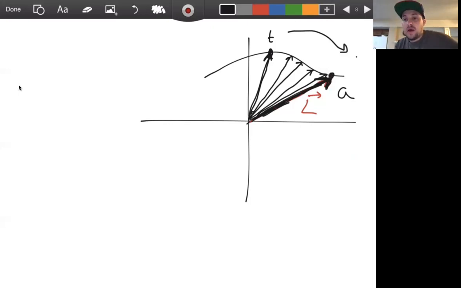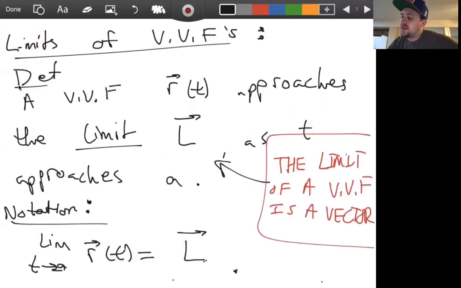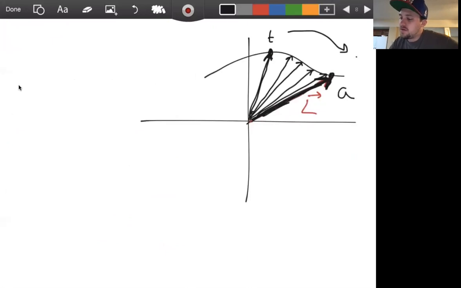So the idea behind limits is the same, except now instead of just points approaching, you're looking at the behavior of a family of vectors as it approaches another vector. And so this gives us an idea for what it is, but this doesn't do us any good in terms of computing it.